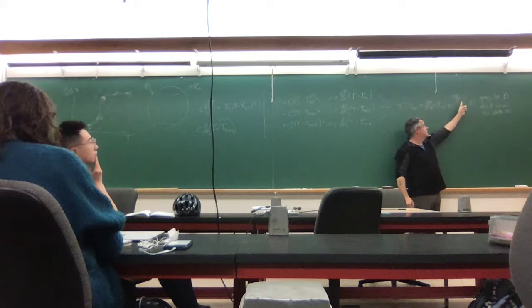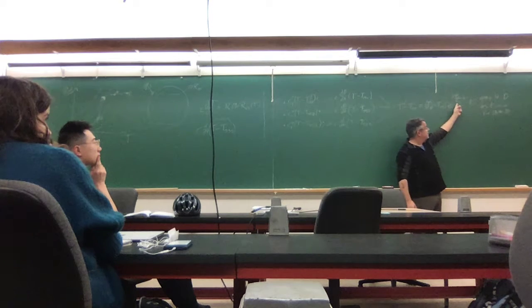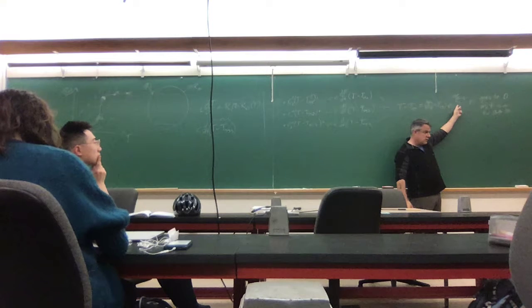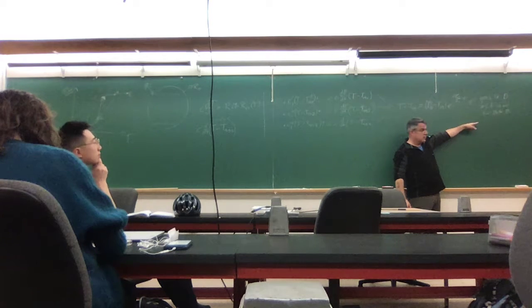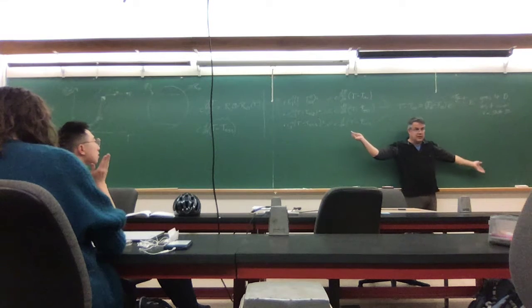This is a constant, and it's a positive constant. How do I make this thing go to 0? If C1 is negative, this will always go to 0. If C1 is positive, what happens? It goes to infinity.